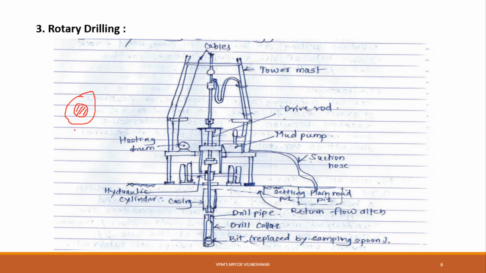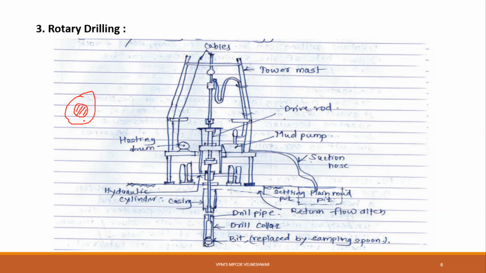Now another function of the fluid is to cool the drilling bit. What happens when the fluid comes to the bottom? Due to the rotary action the bit gets heated, and to cool that bit the mud is used.